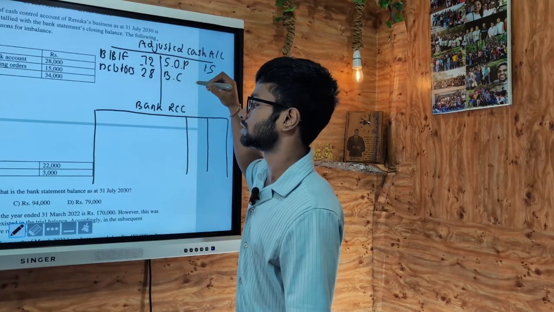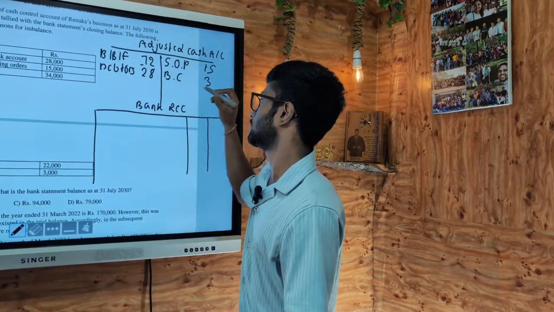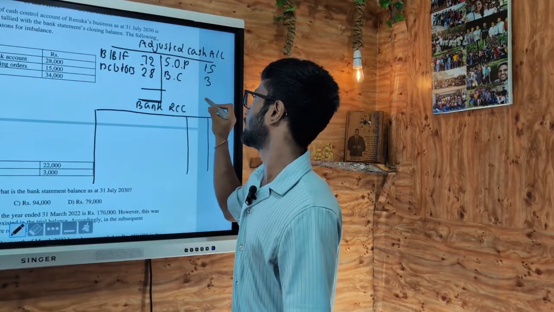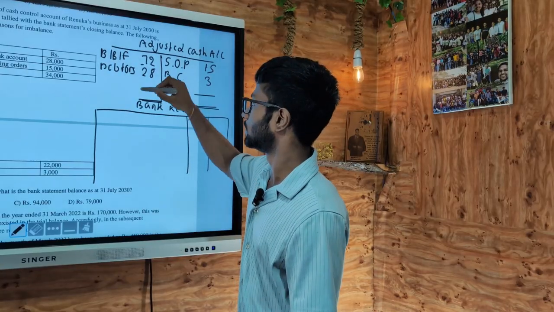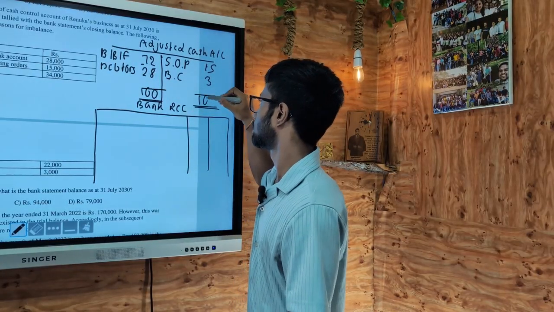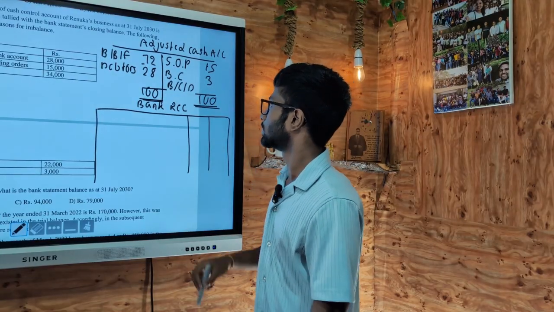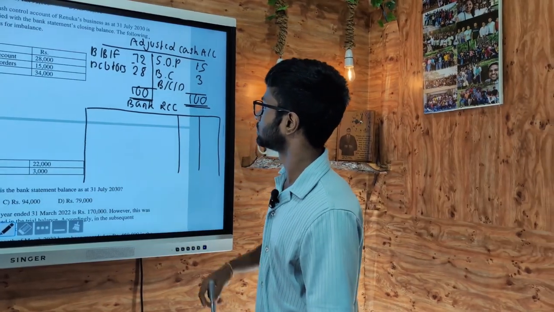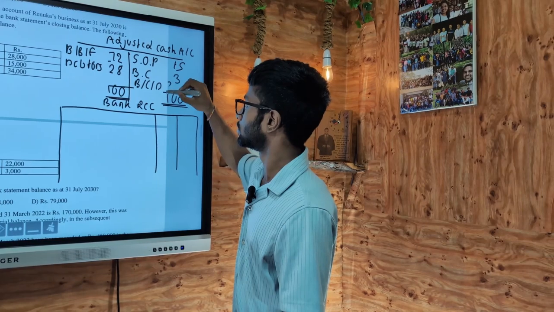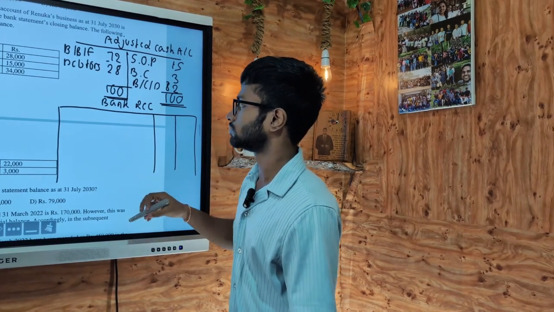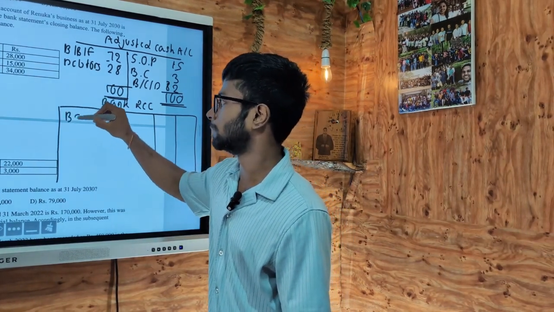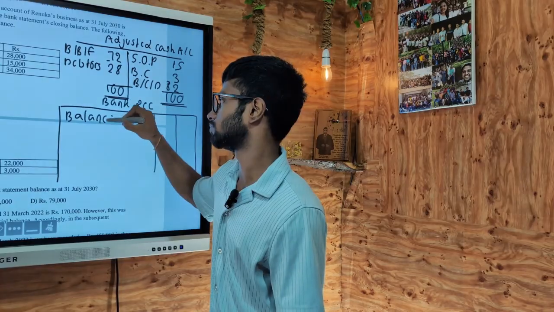So bank charges we have 3. Then you can balance. Here we get 100, and your closing amount is minus 18. You get 82. Now that balance will be the opening balance of your bank rec.